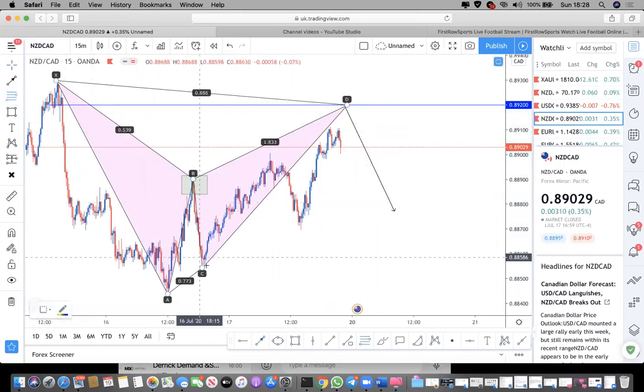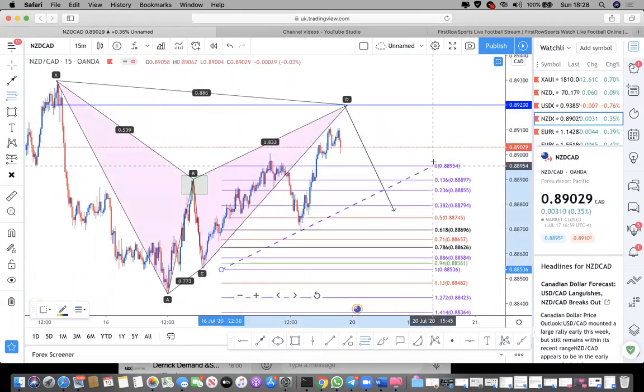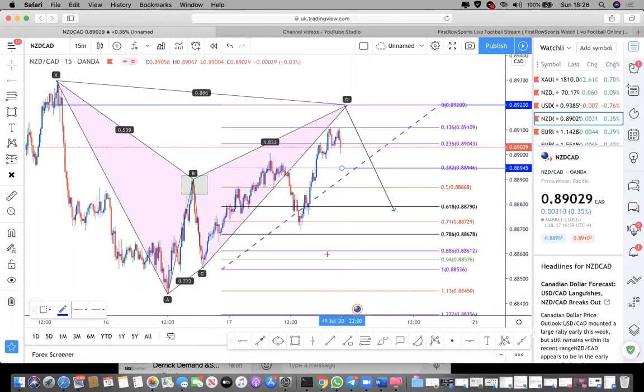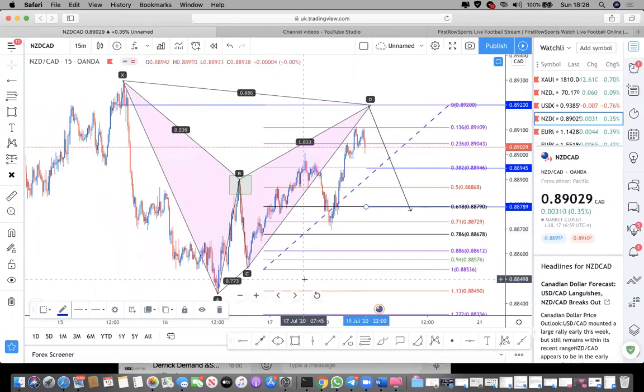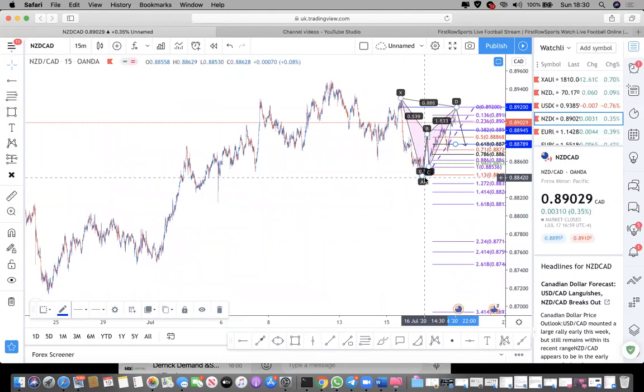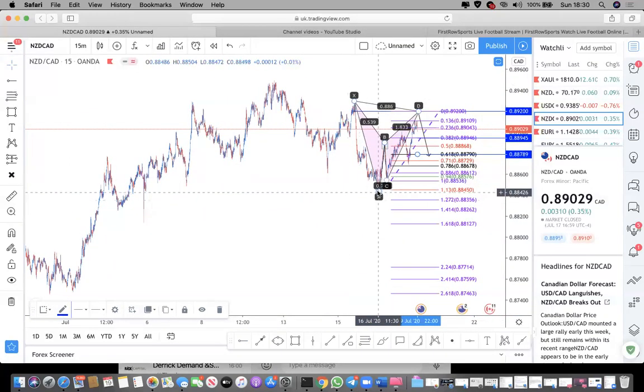Where are our TPs gonna be? We're gonna fib from C to D, and our TP1 is gonna be the 38.2, and our TP2 is gonna be 61.8. At TP3, we're going to look around to see if we have any sort of equal lows around here.